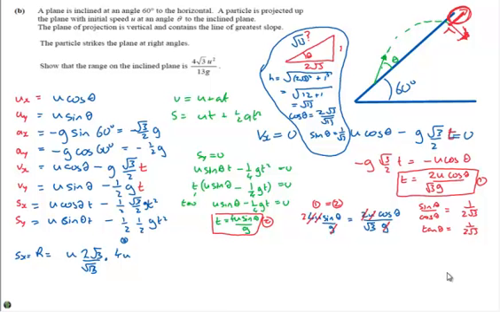So I'm going to do that over here. So if t from equation 2 is equal to 4u sine theta over g, then t will be equal to 4u over root 13 g, since sine theta is 1 over root 13. So we can put that in instead of t here.